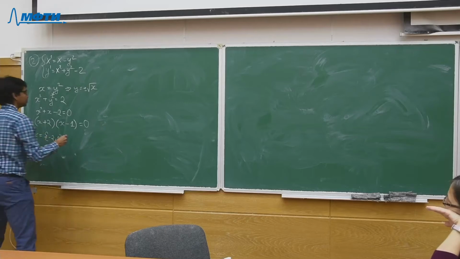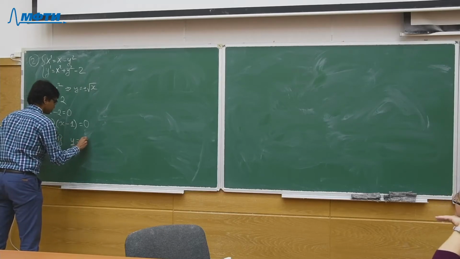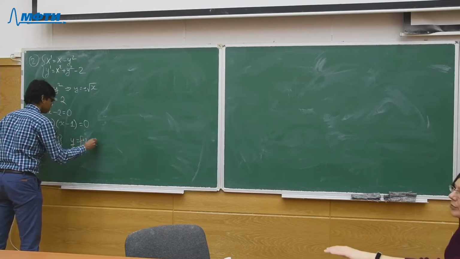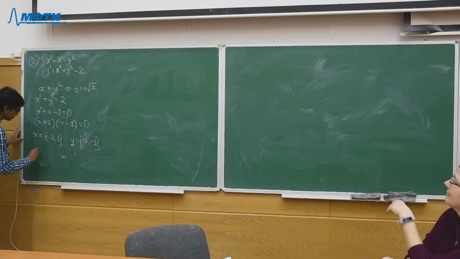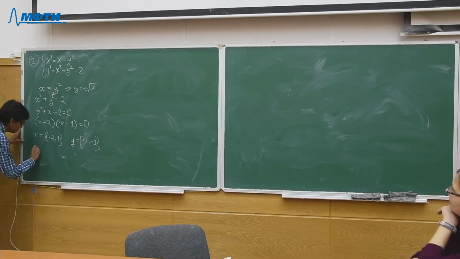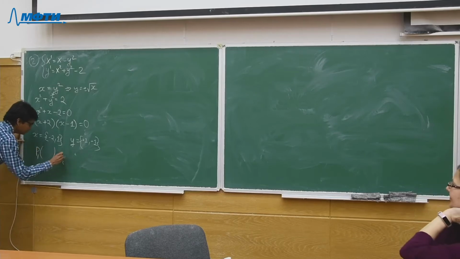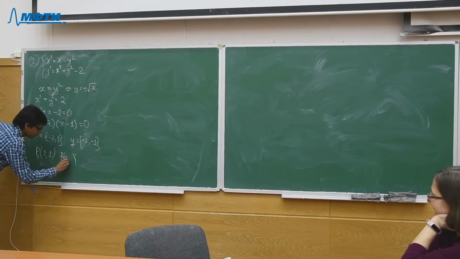Yes. Only one x can be equal to 1, and then y is plus or minus 1. So very easy. And so we have 2 critical points: 1, 1.